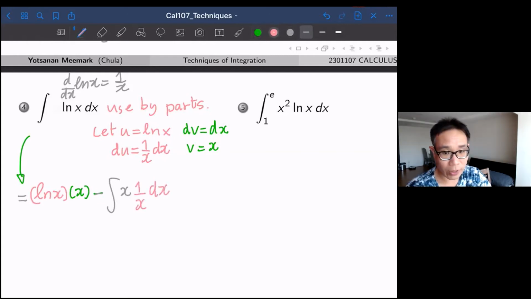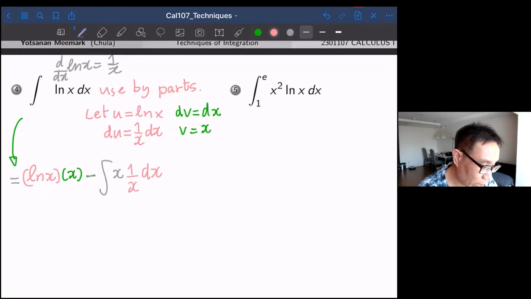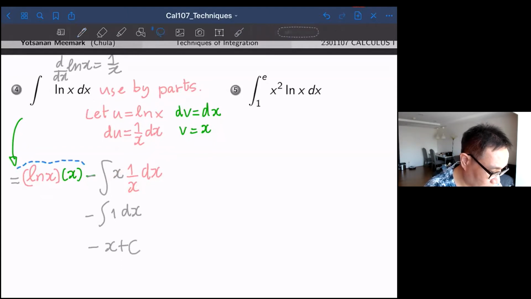Okay, so this is how we find this integral. And then you see this makes the second one easier because x can be cancelled with the x here. So this turned out to be the integral of 1 dx, and the integral of 1 dx turned out to be x plus c. Okay, and you may just copy this down.